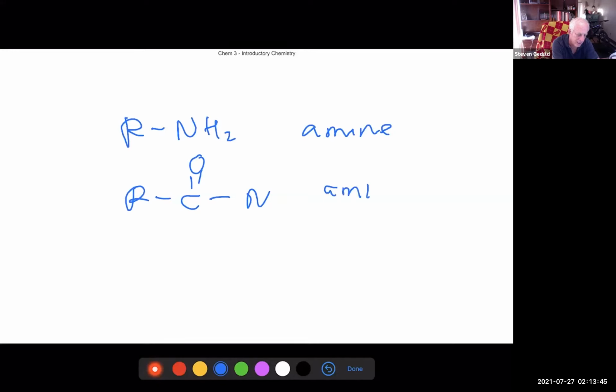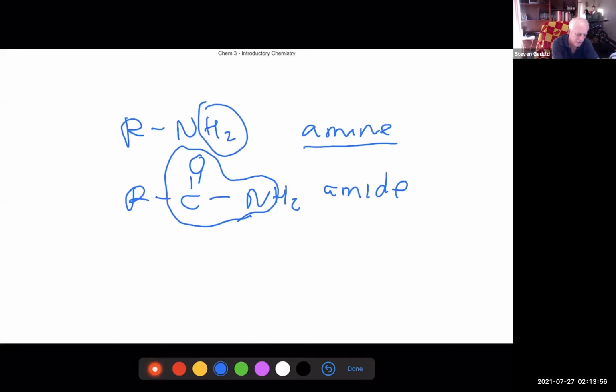That's an amide. So when nitrogen has a carbonyl group attached to it, that's an amide. When it just has a hydrogen on it, that's an amine. So when there's a nitrogen, it can be either an amine, which means it's just bonded to hydrocarbon, or an amide, which means it's bonded to a carbonyl group.